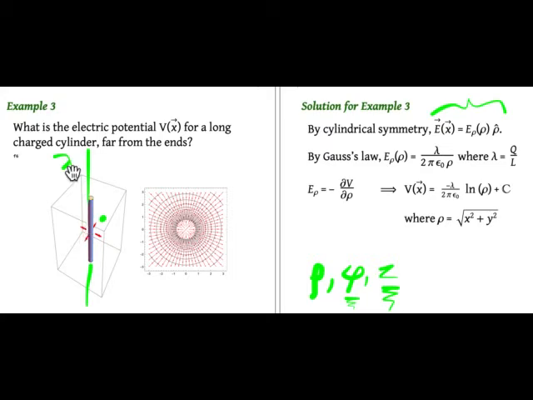And that will be equal to lambda dz over epsilon 0, where lambda is the charge density. So solving for E rho, it's lambda over 2 pi epsilon 0 rho. Lambda is the charge density, so that's Q over L. Rho is the perpendicular distance from the wire, so that's the square root of x squared plus y squared.